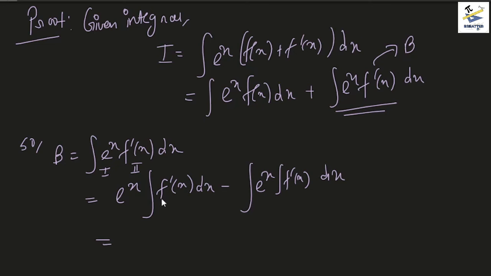Now we know that the integral of a derivative is just the function itself, so it just becomes e to the power x into f of x minus the integral of e to the power x into f of x dx, right?